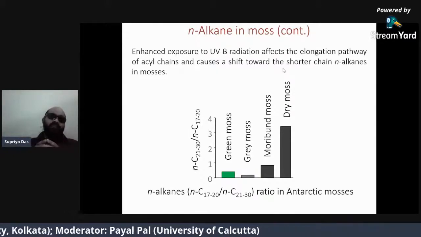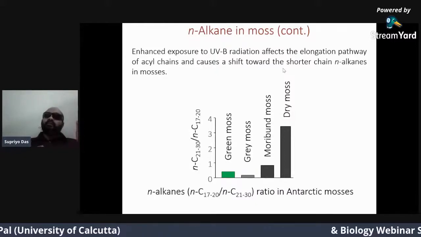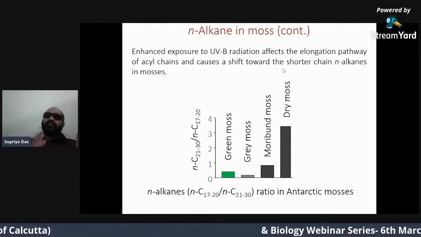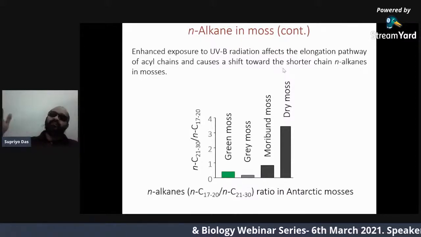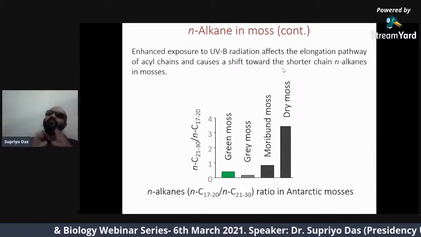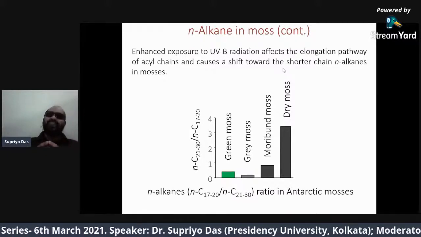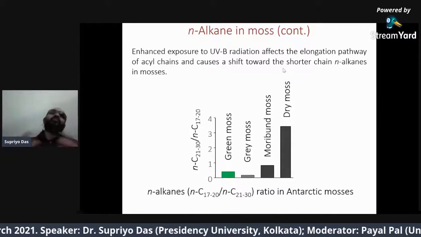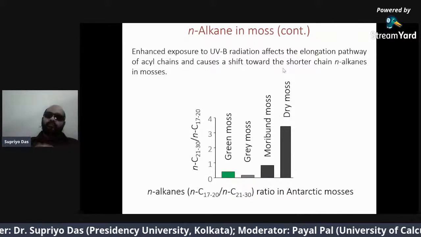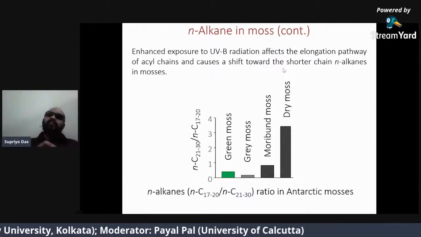The reason is that if we consider the production of short chain alkanes is directly related to the UVB radiation, then grey moss is the best candidate, an unfortunate candidate that receives a lot of UV radiation. Moribund and dry moss, they also receive UV radiation, but they have bigger problem.